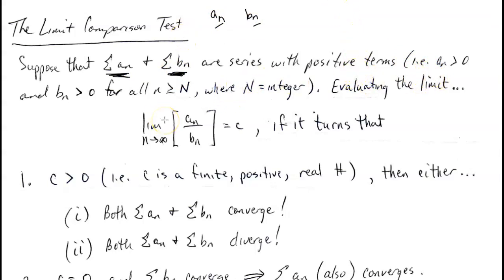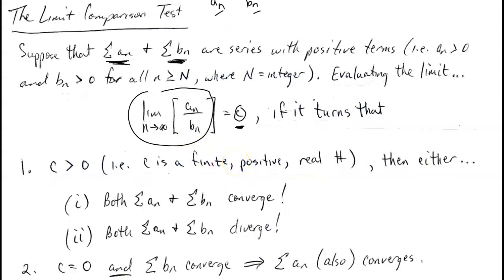Then if they meet that condition, we take the limit of A sub n divided by B sub n, and it equals some real number C, okay? Based upon what C looks like, we're going to have different outcomes. If we get some value C here, then depending upon what it is, it's going to tell us what the convergence properties are, okay?